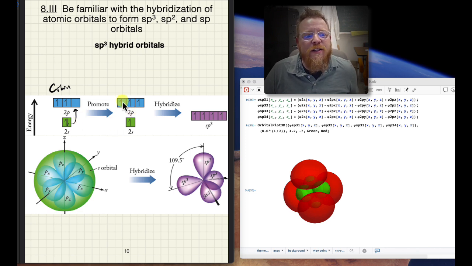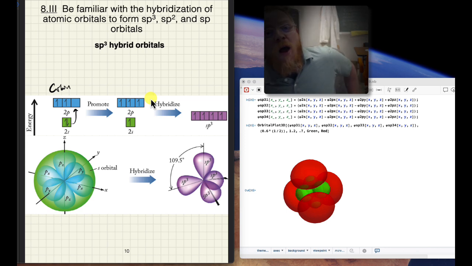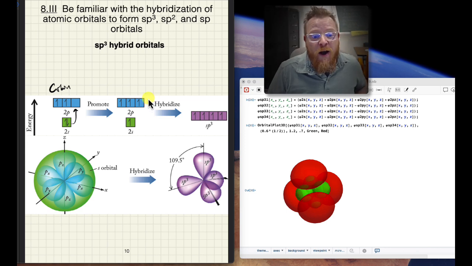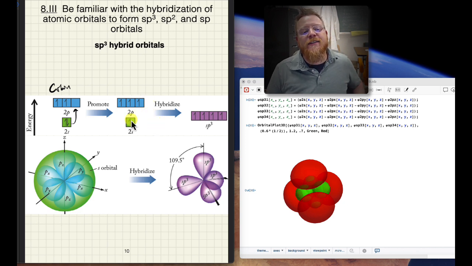Now once this electron has been promoted, we have 4 unpaired electrons primed to be bonded with other atoms. And if we recognize that these 4 orbitals are going to undergo constructive and destructive interference known as hybridization, then we get this unique set of orbitals called sp3.